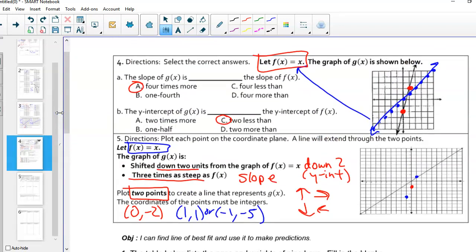So the blue line was the original, yes. Wait, how did you find it? This will be your slope. Anytime it's talking about steepness, that's your slope.